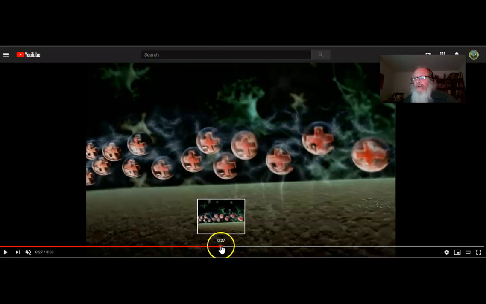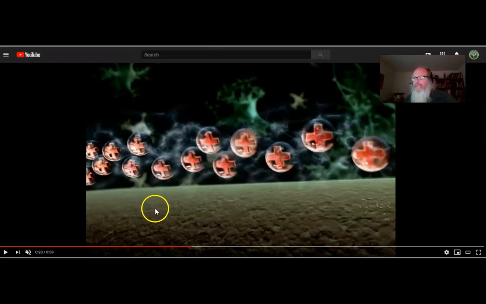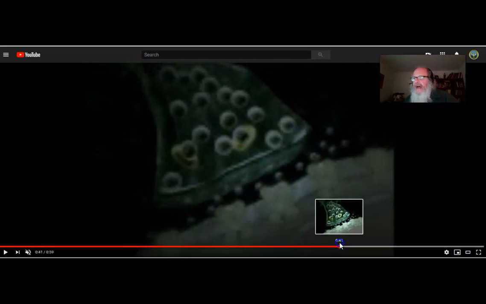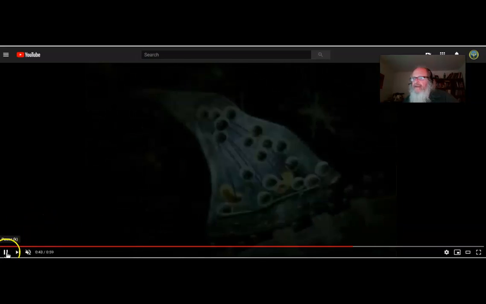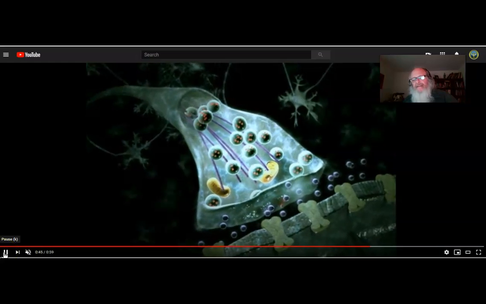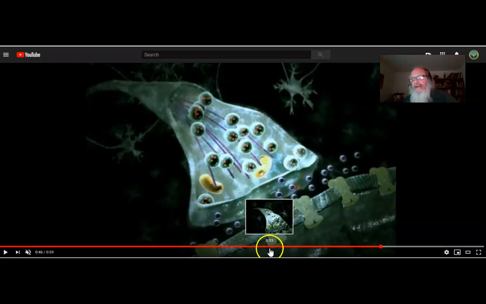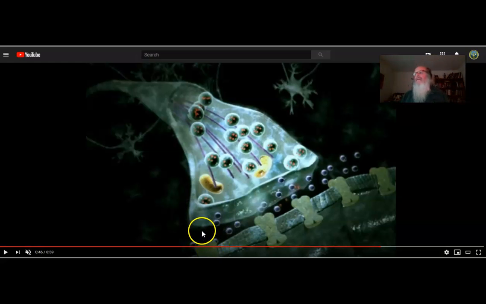What I wish that they showed, but they don't, right here, it looks like the cell membrane is smooth, but what they're leaving out is that actually that part of the cell membrane has these structures that we see opening and closing, these gates, just as they do here.